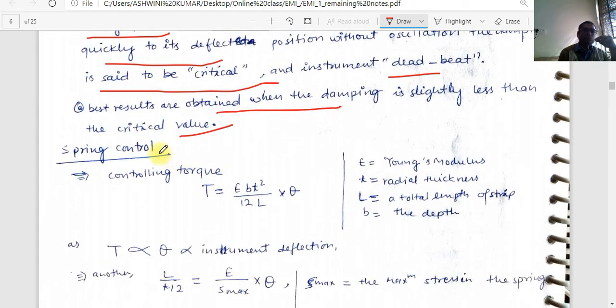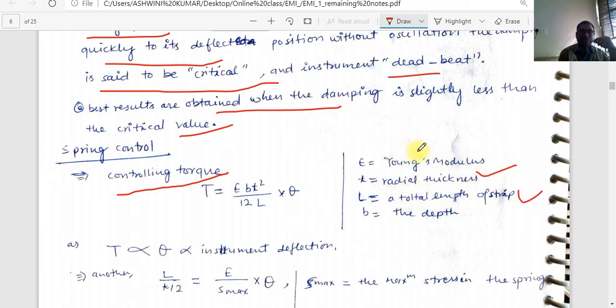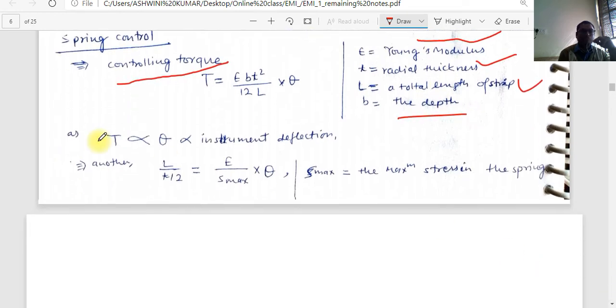Now we can choose the spring control for the controlling torque. The controlling torque T is equal to E B t squared theta divided by 12 L, where capital L is the total length of the strip, t is the radial thickness, E stands for the Young's modulus, and B is the depth.